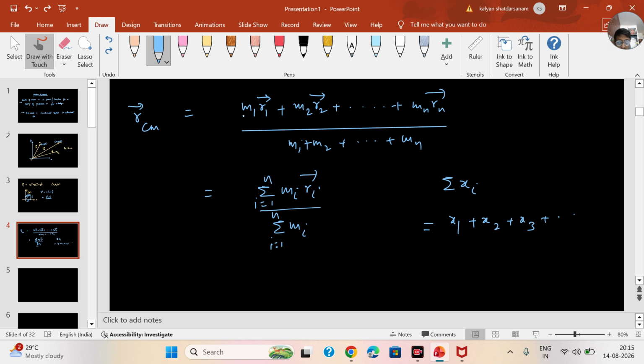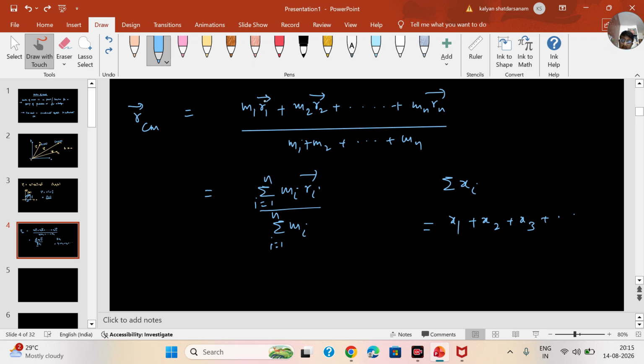In your school or college, for example, the teacher may give more weightage to you. That means more importance to you. You ask a doubt and the teacher immediately responds to it, while for other students, let us say, the teacher doesn't respond. So the teacher is giving more importance, or weight, to you. Similarly, here mass is what determines the weightage of the position. If a particular position is more important, then there must be more mass at that location.